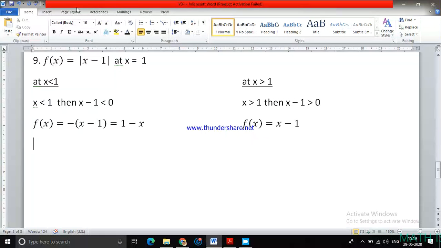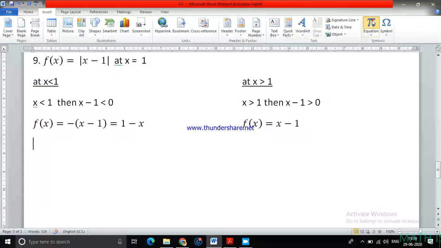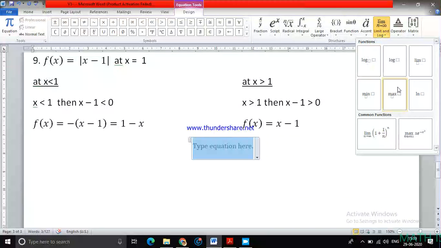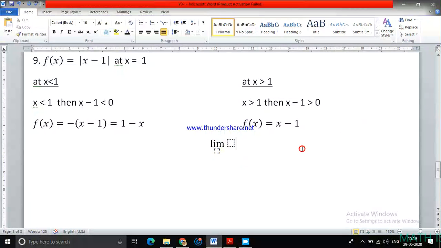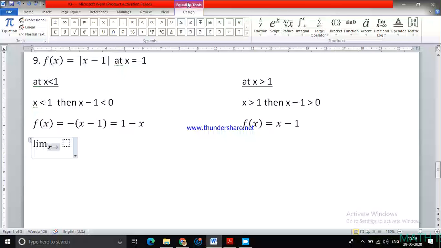Now let me go for the left limit of the function and the right limit of the function and see what will come. Limit x tends to 1 minus is the left limit.